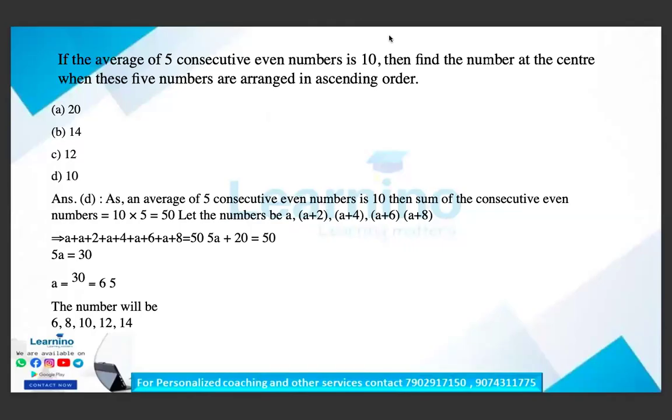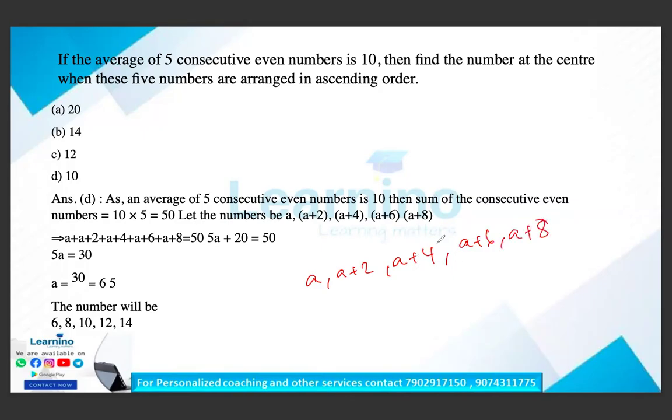If the average of 5 consecutive even numbers is 10, then find the number at the center when these 5 numbers are arranged in ascending order. Here the average of 5 consecutive even numbers is 10. So we can take the numbers A, A plus 2, A plus 4, A plus 6, A plus 8.